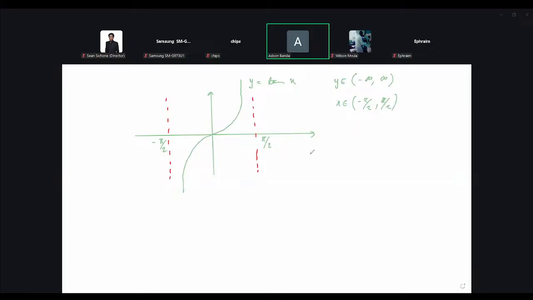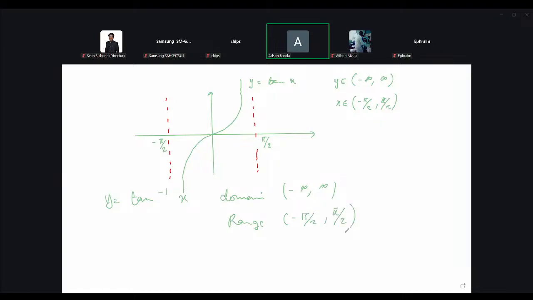For the inverse, y is tan inverse of x, the domain is minus infinity to infinity, and the range is now negative pi by 2 to pi by 2.